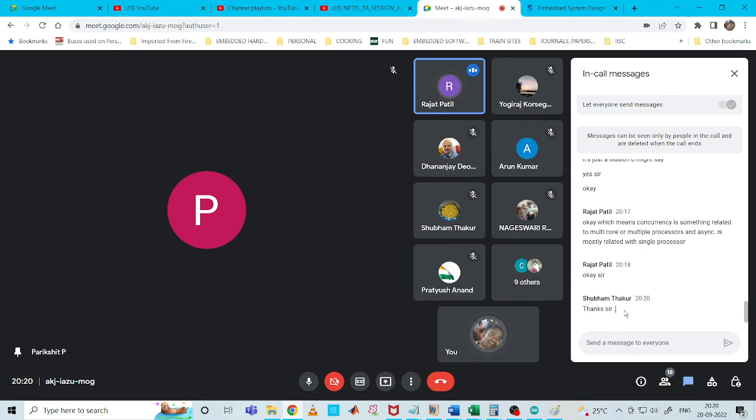The only thing that is important is the power supply. Just check the power supply and the pins. Whenever you are interfacing a new sensor with a controller board, the first thing you should do is check the pinouts of the sensor and whether it is possible to fit with the microcontroller you are talking about. If those voltage levels match, then you can definitely connect. Okay, sir.